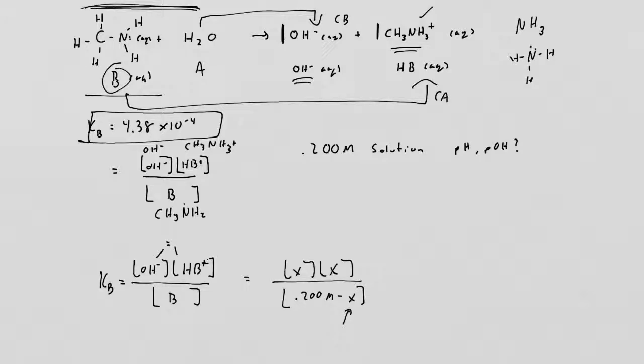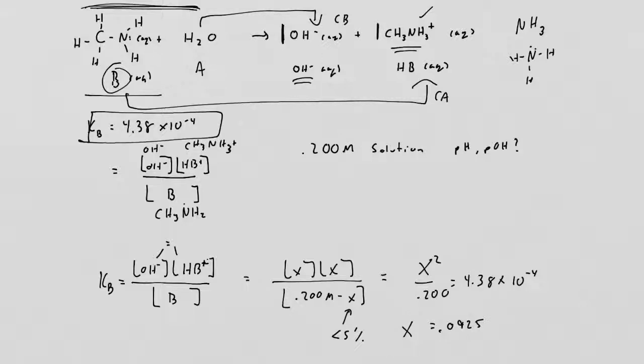And we're again going to assume that this is less than 5%, and we'll check it at the end to see that it is. So we basically said X squared over 0.200 equals the value we're given, which is 4.38 times 10 to the minus 4. Now, this is a close one, but it actually works. When you solve for X in this case, you get X is equal to 0.0925.